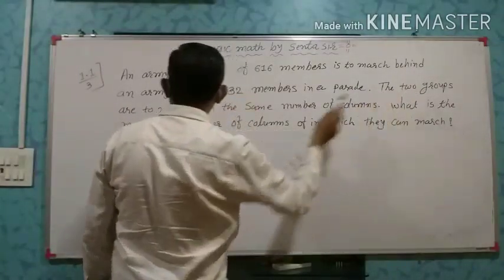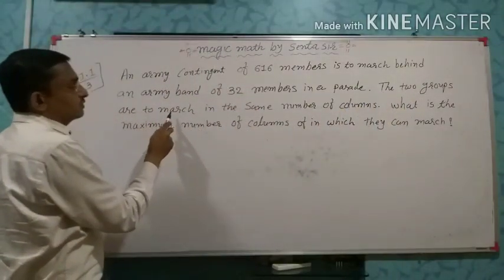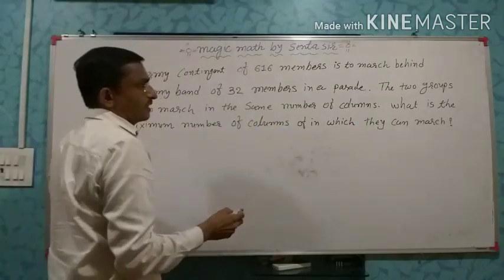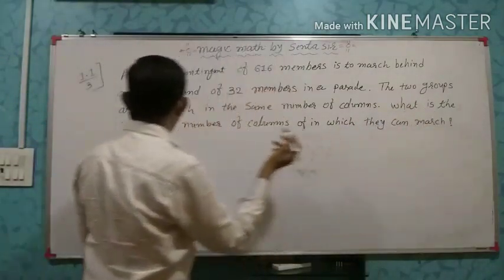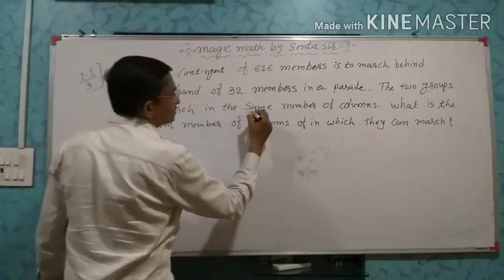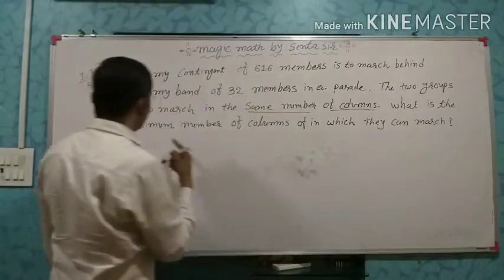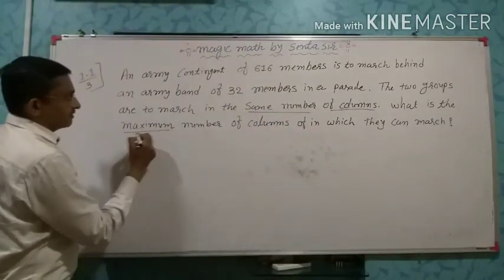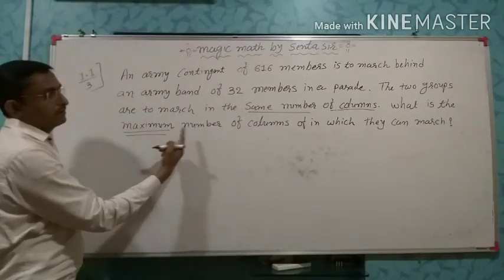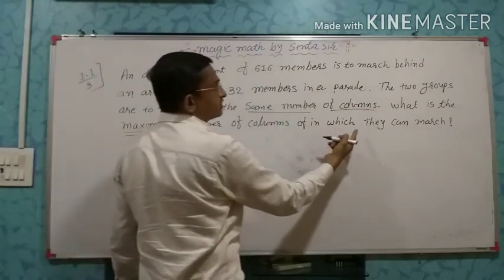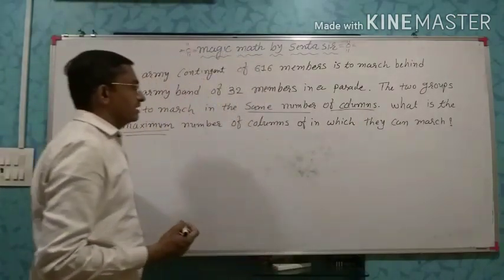The two groups are to march in the same number of columns. What is the maximum number of columns in which they can march?